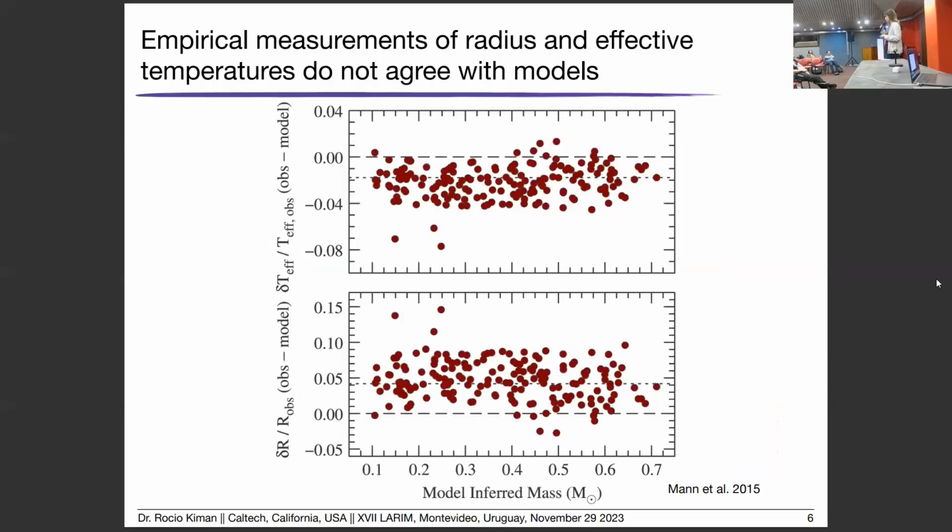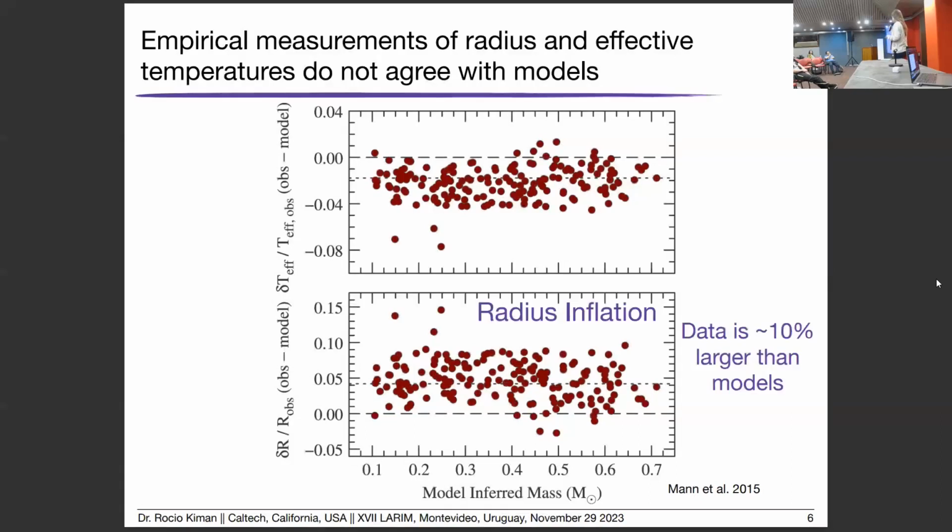So there is a problem that you might have heard of for lower mass stars, that models and observations for effective temperatures and radius do not agree. The temperatures that we measure are a little bit lower than what the model predicts, and the radii are a little bit larger.